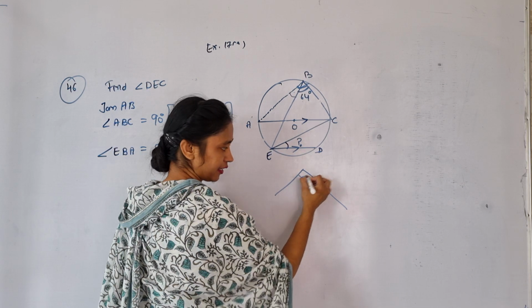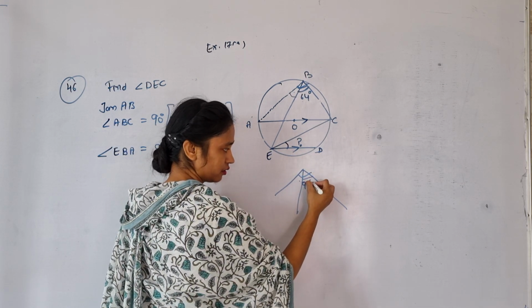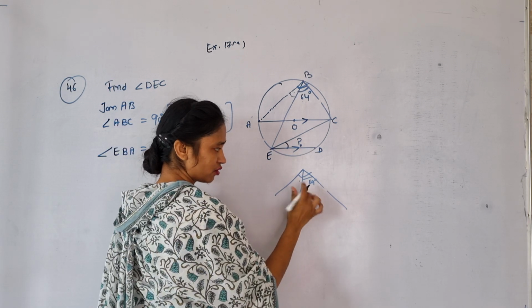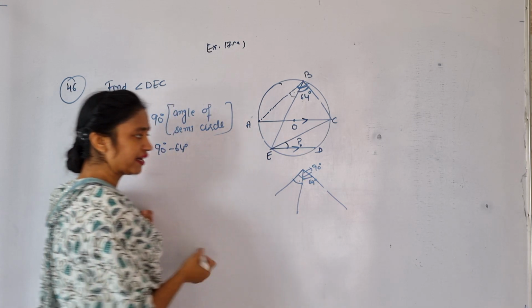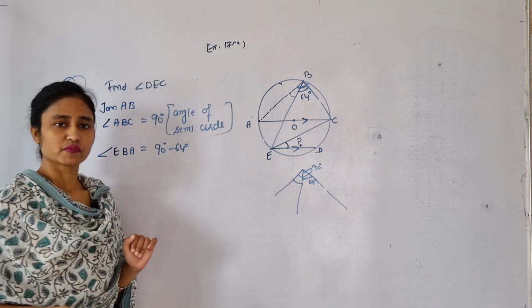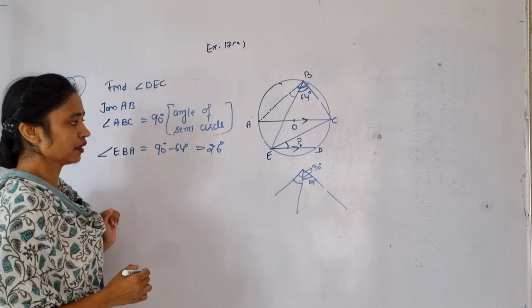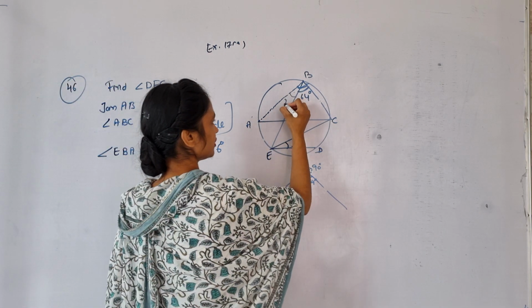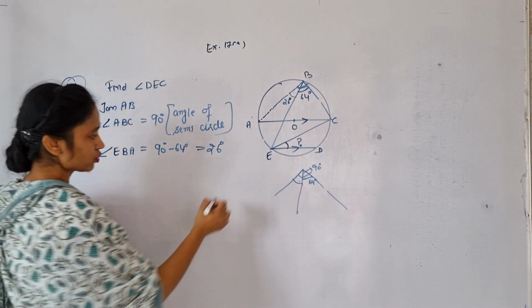One part of it is given as 64. What would be the remaining part? 90 minus 64 will be equal to 26 degree. Means this angle is 26 degree.